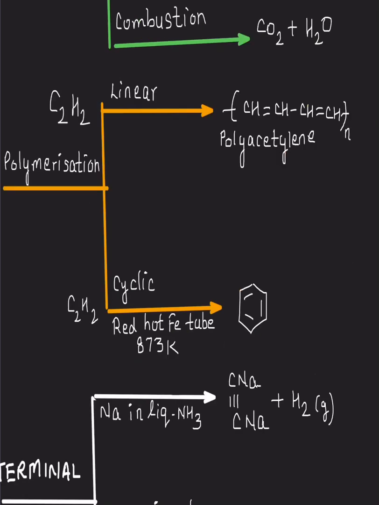Coming to the polymerization reactions, and we are specifically talking about the polymerization reactions of acetylene or ethine. Linear polymerization, the details are not in this. We shall, if required, do it in the topic of polymerization. Here what will happen is polyacetylene. Again, it's an addition reaction, where addition is taking place across the triple bond, and the triple bond changes into a double bond.